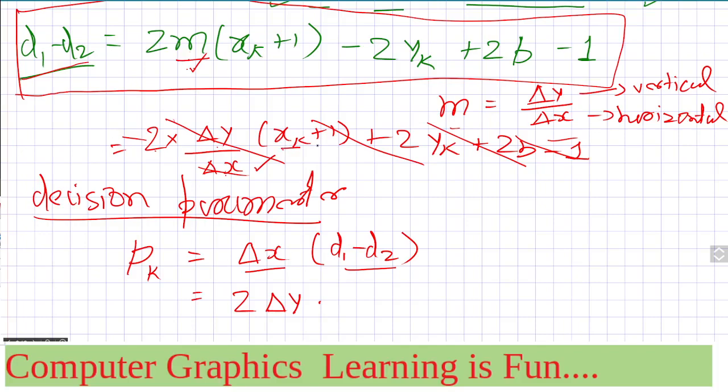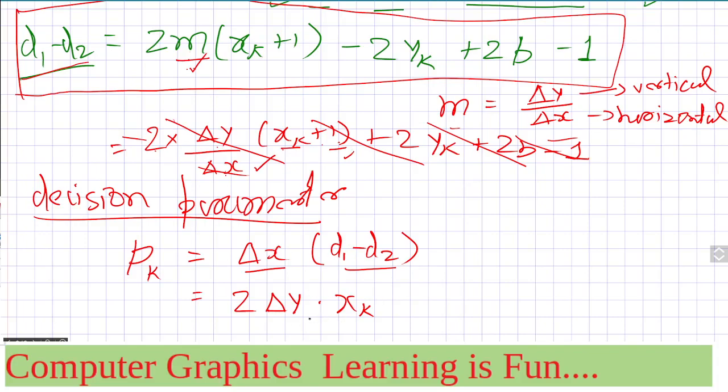this thing xk plus 1, right? So 2 delta y into xk, and if you actually multiply, you will get another 2 delta x, but you will understand later on it will be cancelled out. Let it be.